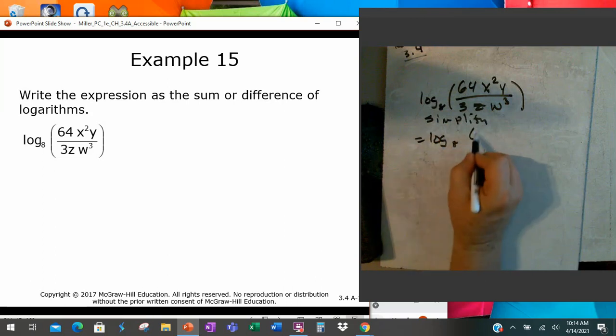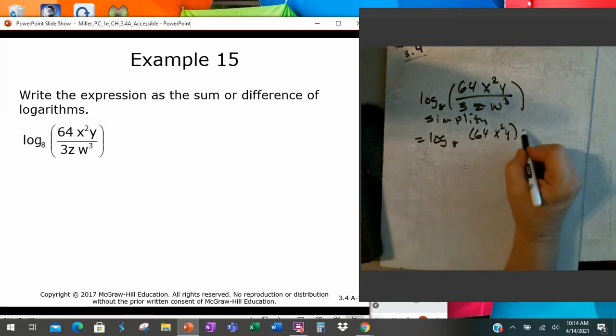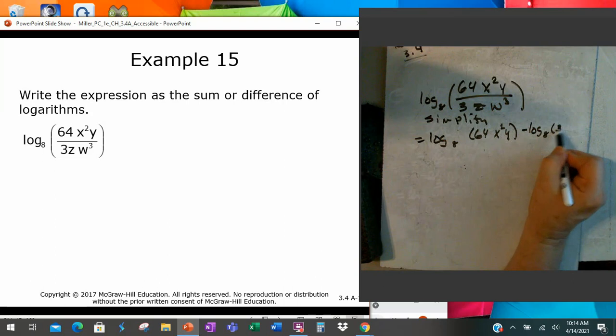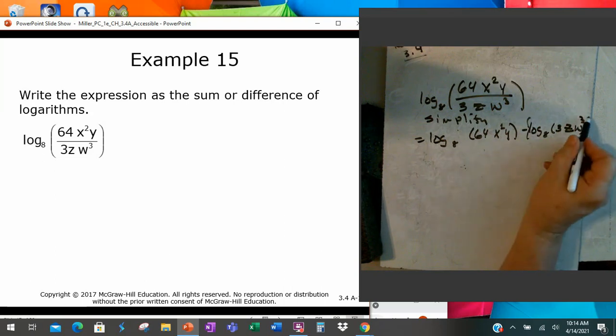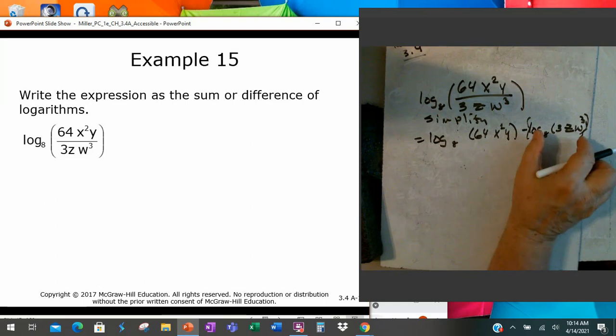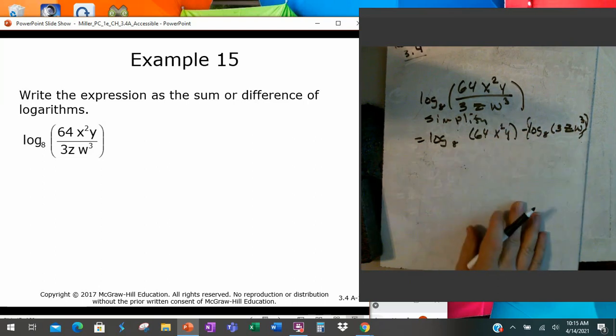Log base 8 of 64x squared y minus log base 8 of 3zw cubed. And I've got to break this apart, so I'm going to go ahead and add a little curly brace here because this is going to be addition by doing this. But once I do that, that's all subtraction from the bottom, okay?